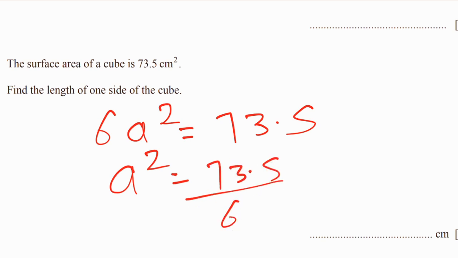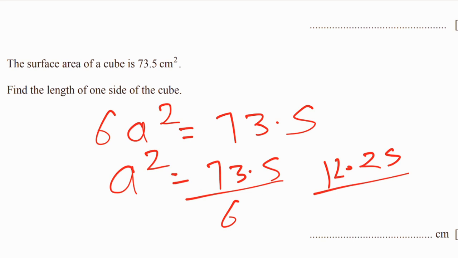For the total surface area we have 6 faces. If it is called lateral surface area, then we use 4a squared, because the LSA covers only the boundaries of the cube, not the top and bottom. When we divide, I think it's 12.25.